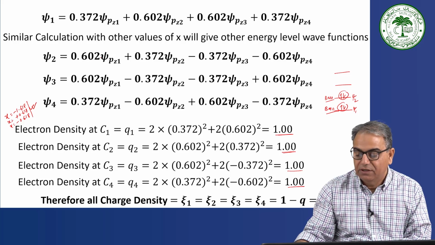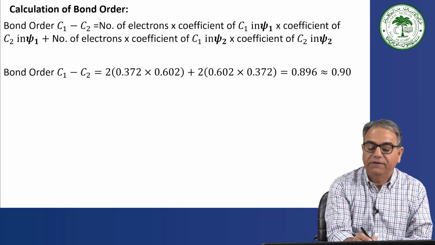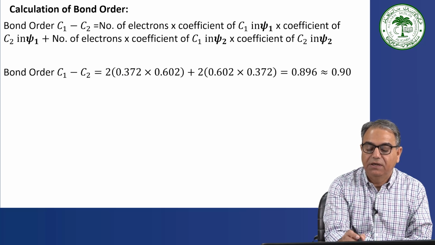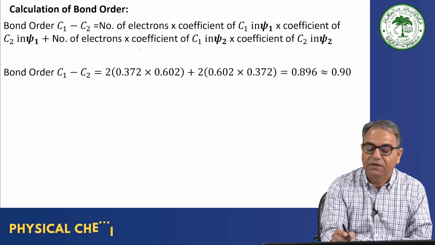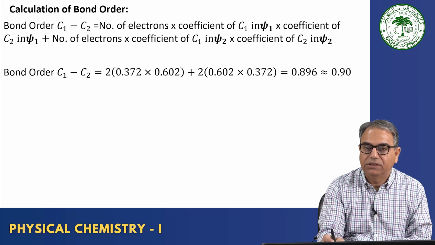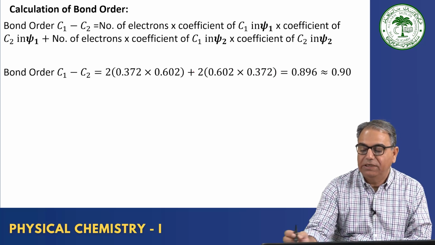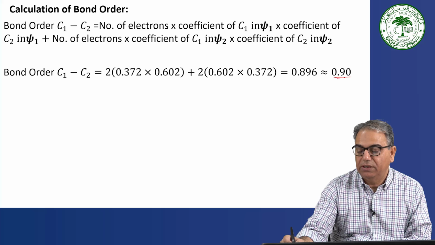So only the place of the coefficients will change in the bond order, nothing else. 0.372 is in psi1 for C1 and 0.602 is for C2 in psi1, but in case of psi2 the place changes. The 2 is the number of electrons, then 0.602 is the coefficient of C1 in psi2 and 0.372 is the coefficient of C2 in psi2. So, if you multiply it, what you get is 0.9.